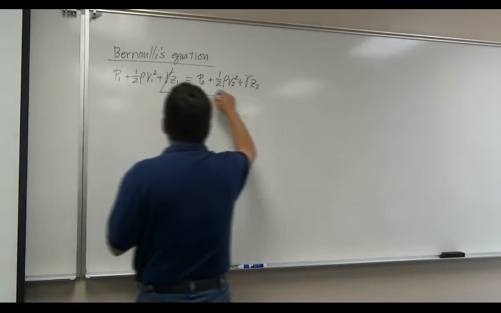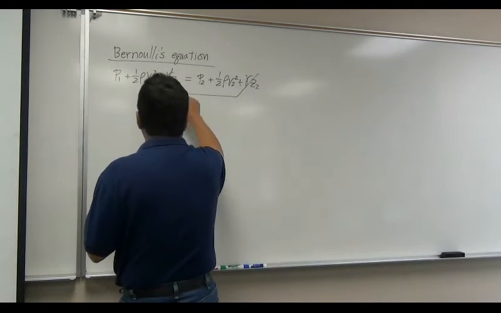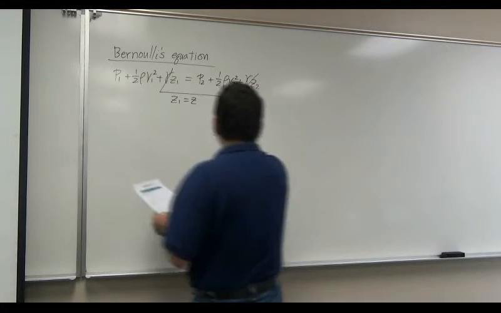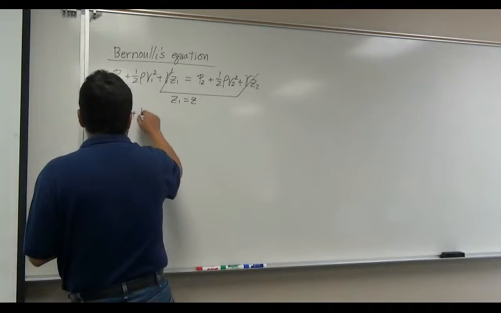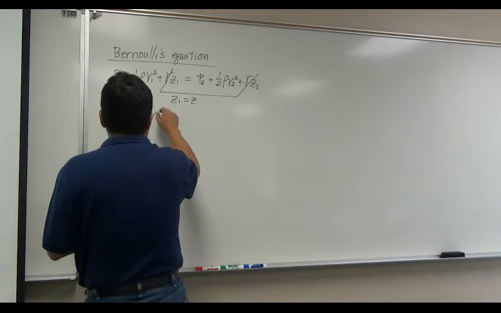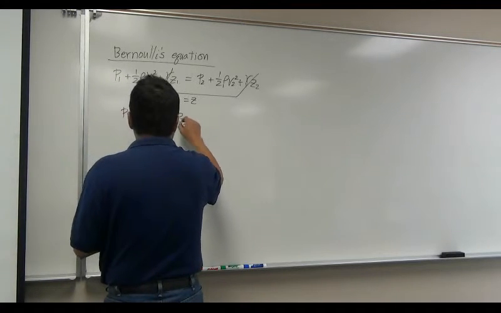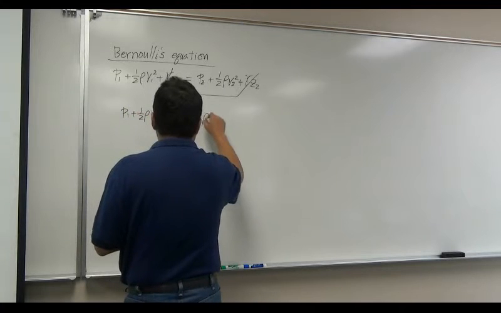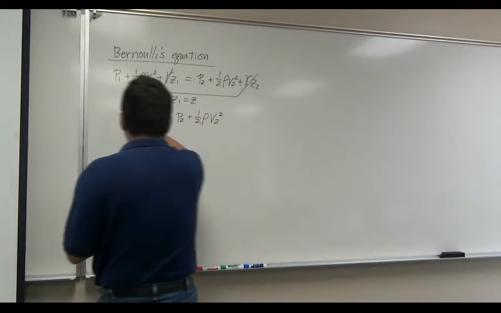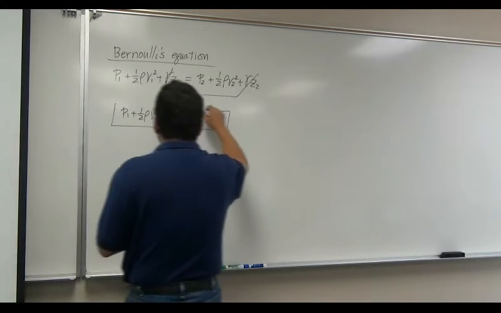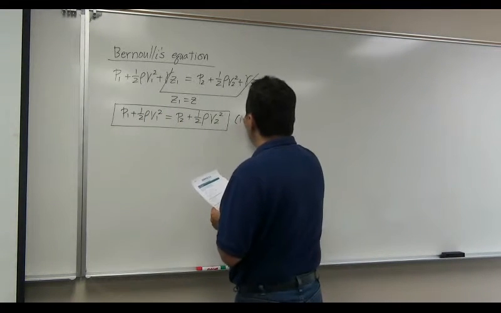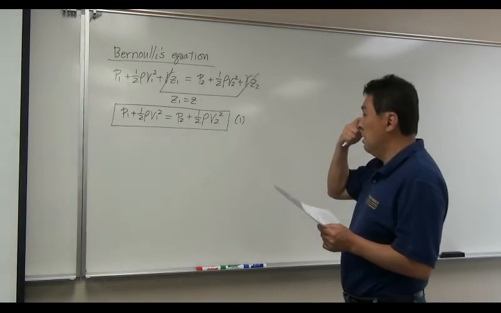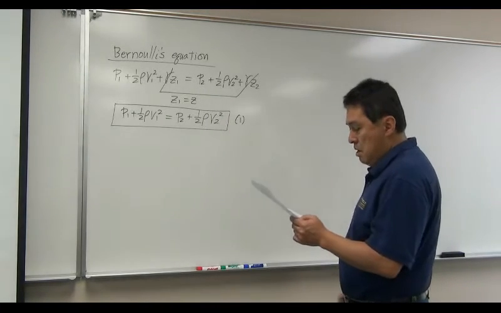This is a horizontal pipe, so Z1 equal to Z2. So this term drops off. So you're going to have P1 plus 1/2 rho V1 square is equal to P2 plus 1/2 rho V2 square. Okay? This is equation 1 coming from Bernoulli's equation applied between point 1 and point 2.